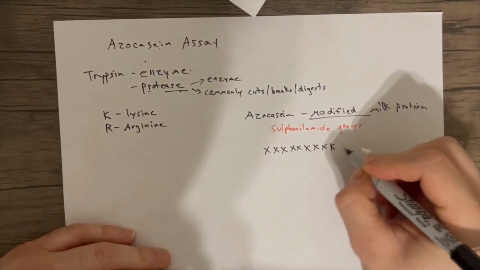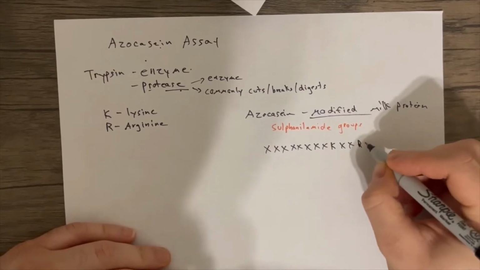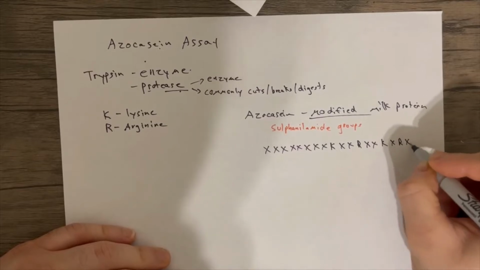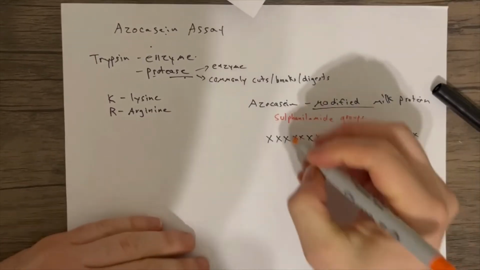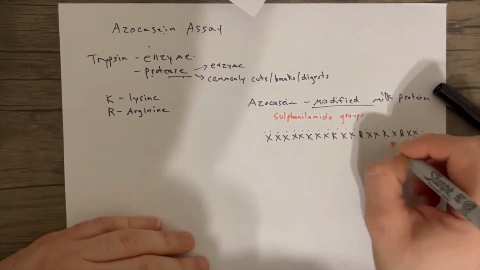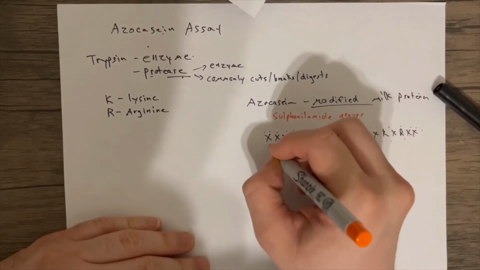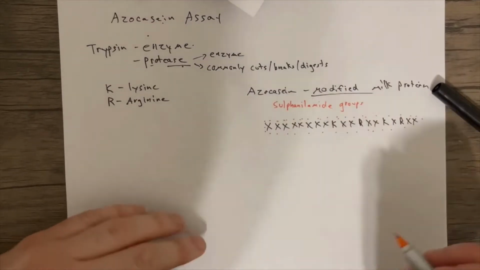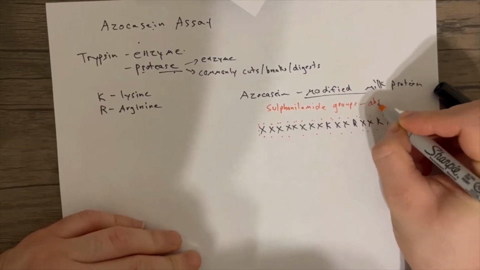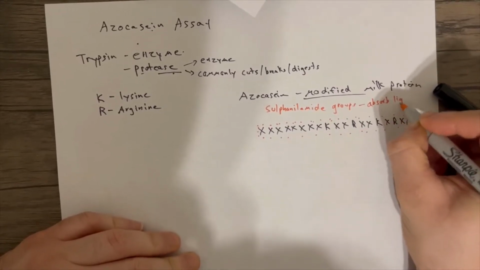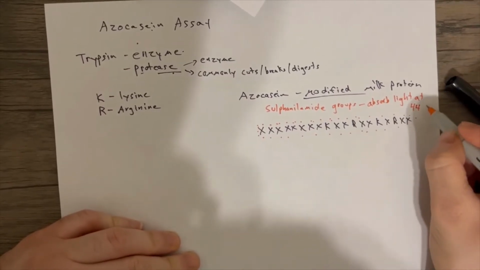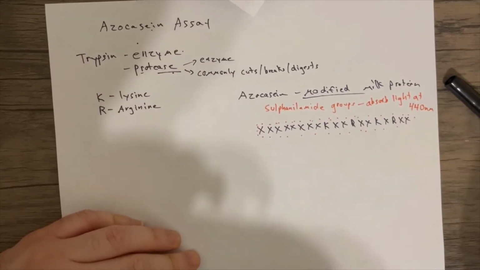Maybe there's some K's in here, an R. And azocasein will have all these sulfanilamide groups attached to its structure, basically. And that's important because sulfanilamide groups absorb light at 440 nanometers.